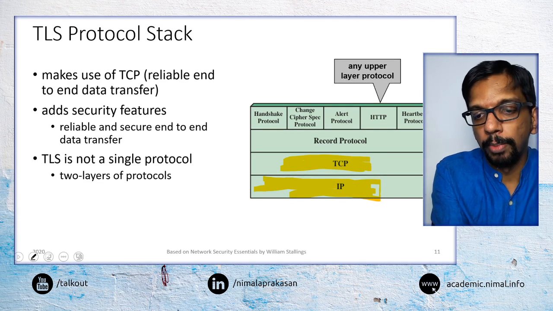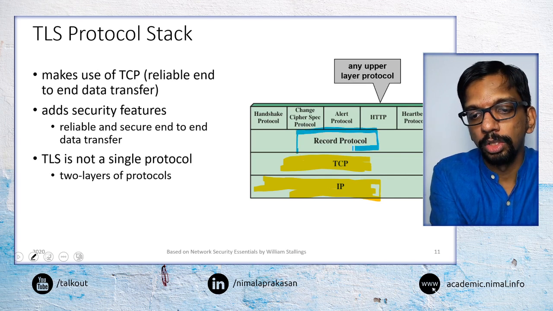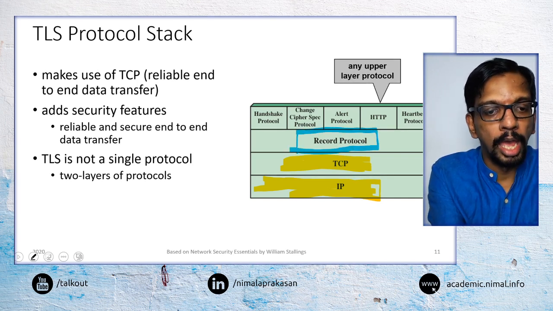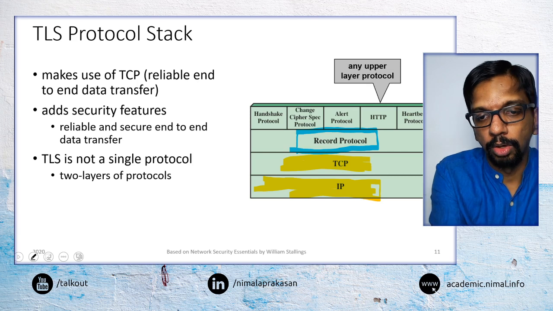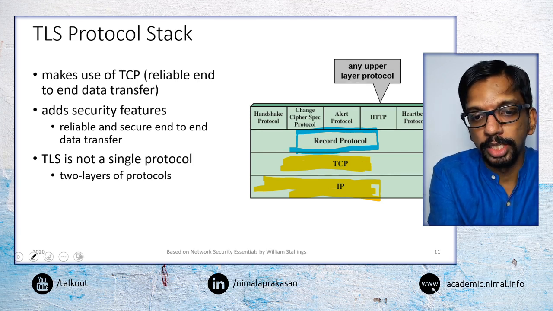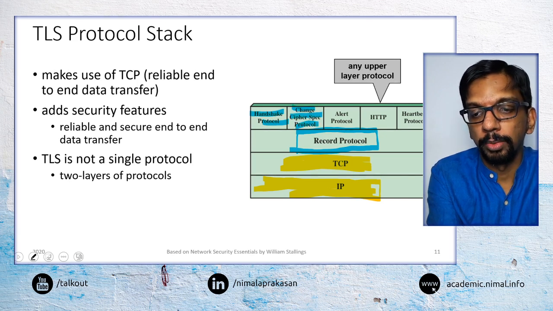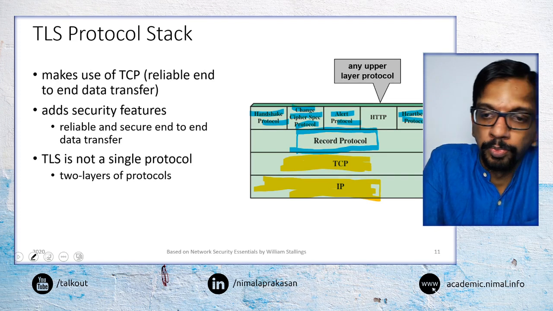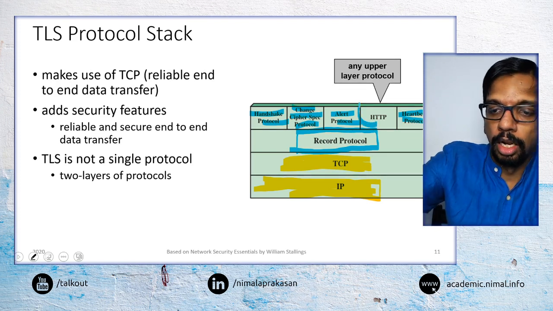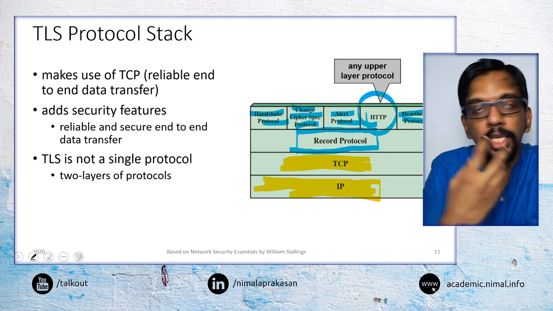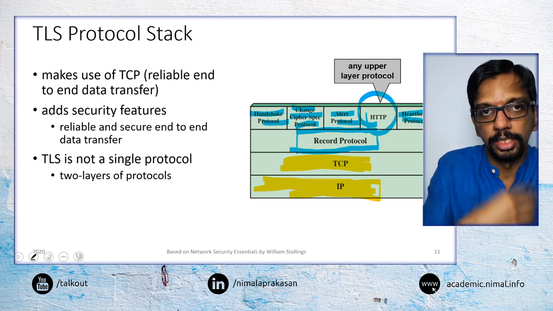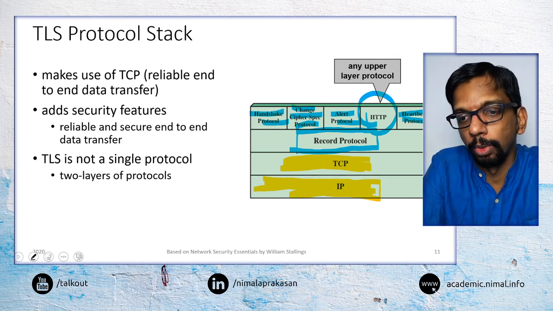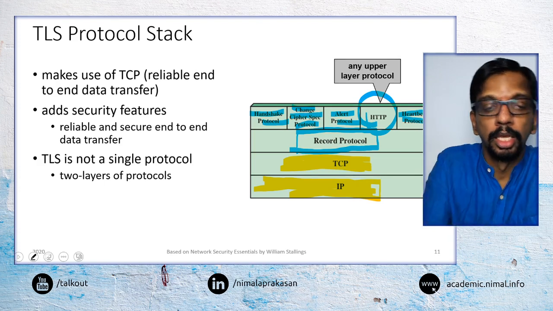Then above that, we have what is called the record protocol, and in addition to that, it also has another set of protocols such as the handshake protocol, change cipher spec protocol, alert protocol, heartbeat protocol, and so on. Along with this, we can have any upper layer protocol such as HTTP at that level.